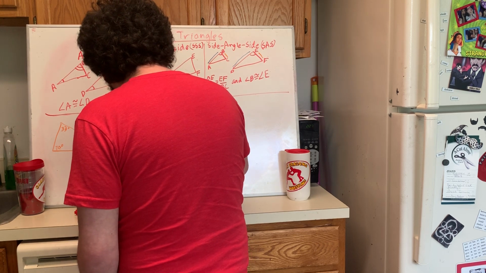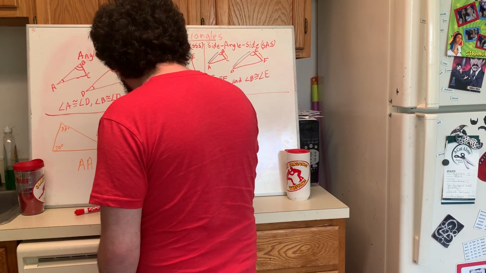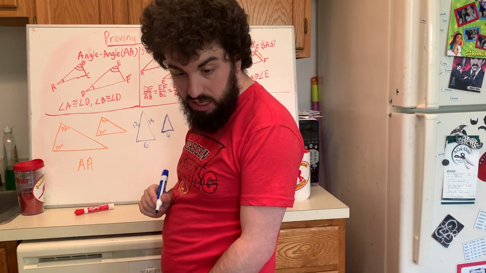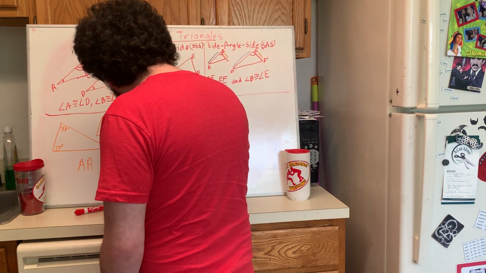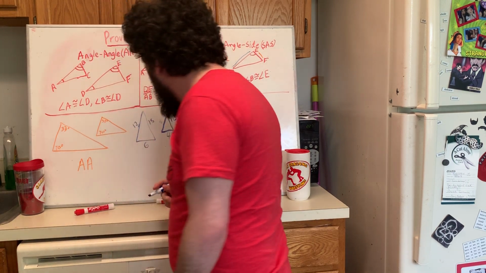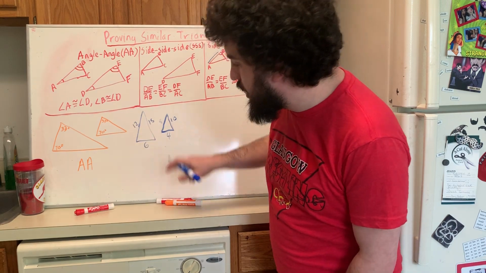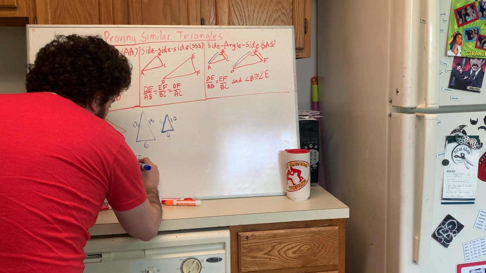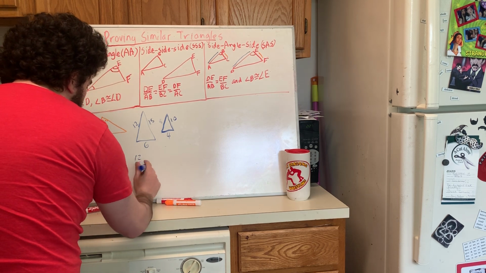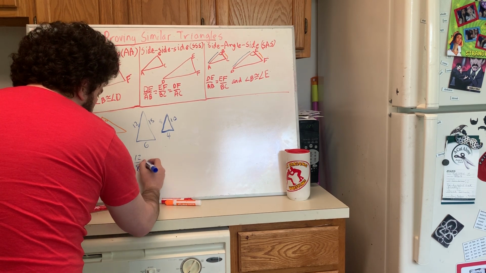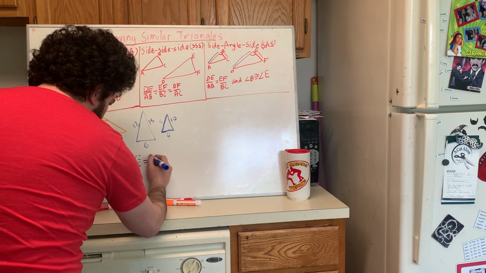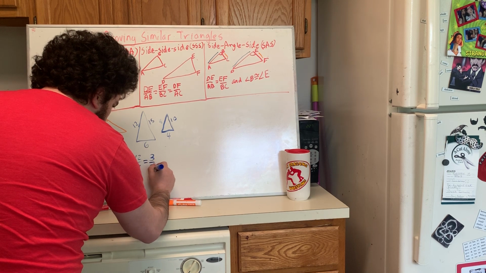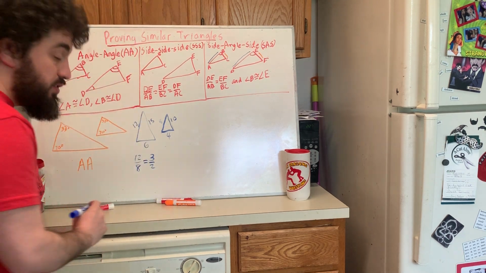Scale really doesn't matter when doing this work, but just for the sake of your visuals, it does help. 4, 8, and 10. So what I'm going to do is pair up the sides, how they match up. I'm going to start with 12 over 8. 12 over 8 will reduce to 3 over 2. Now I'm going to do 15 over 10.